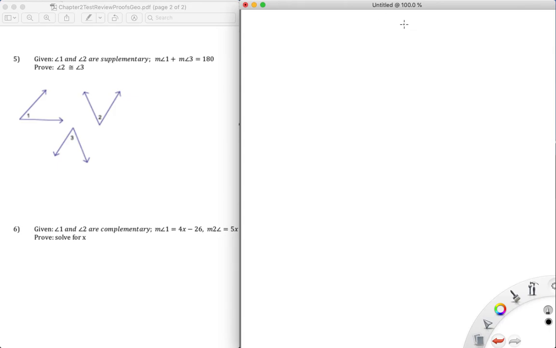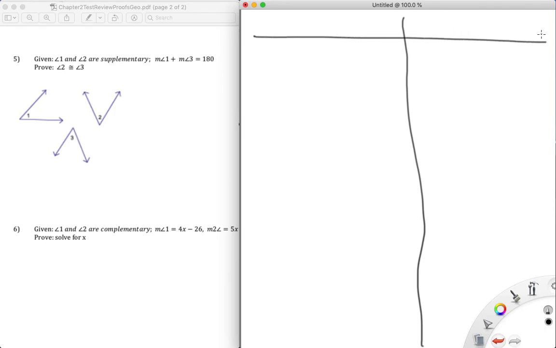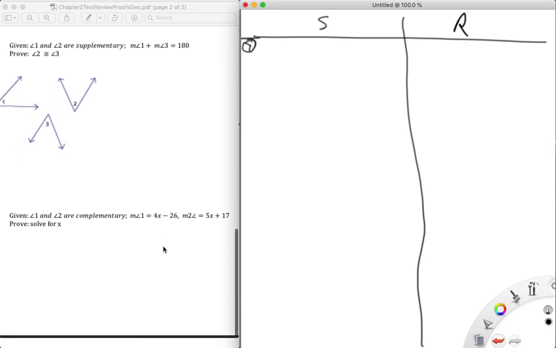Proof number 6. And the last proof of this review of the proofs for the Chapter 2 test says we're given that angle 1 and angle 2 are complementary.